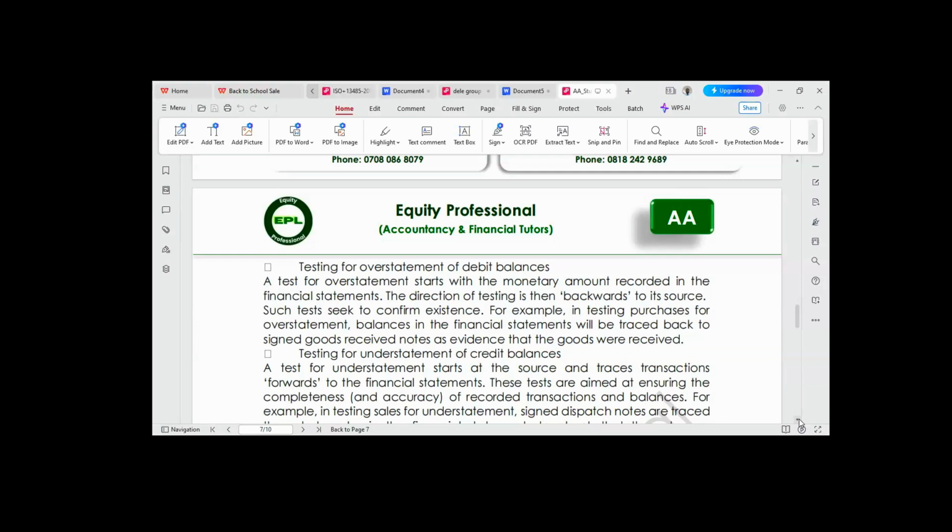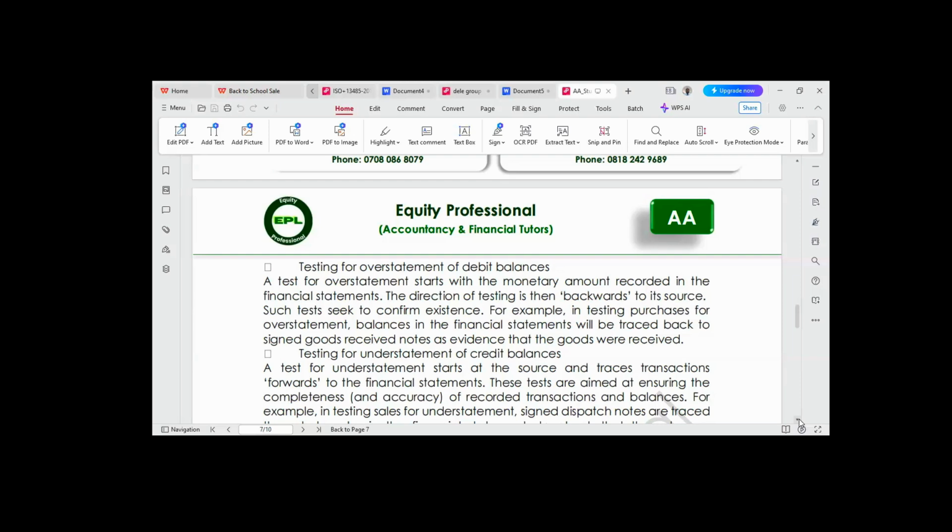Then, if you are testing for understatement of credit balances, that means you'll be tracing your transactions forward to the financial statement. Let's say there is an understatement in your credit balances. So you'll be looking forward at your dispatches, your delivery notes.